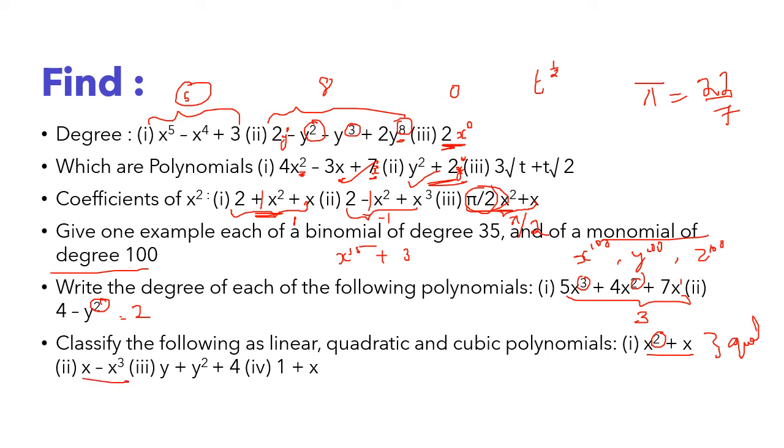Next one, x minus x cube has degree 3, which means it is a cubic. And here, again, y square is the largest power, so this is a quadratic polynomial, and 1 plus x is a linear polynomial because its degree is 1.